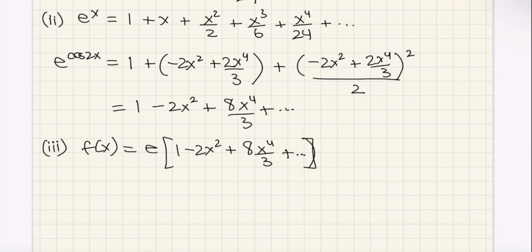And then if we distribute the e into all of this, we get e minus 2x squared e plus 8ex to the power 4 over 3, and so on.